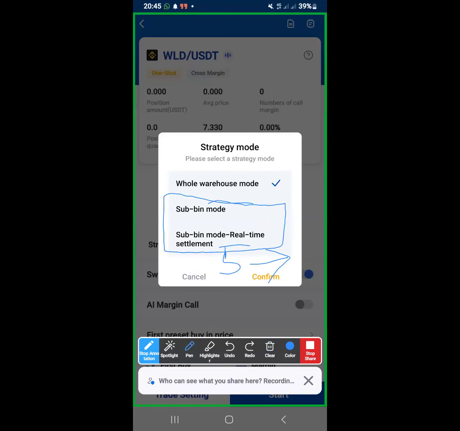But for as long as the number of margin calls is from 1 to 4, you cannot change your strategy mode to these two. It will remain in the wall warehouse. But if you wish that your robot should buy more than 4 times, that is from 5 and above, then you set your margin call to 5 so that the robot can buy here.